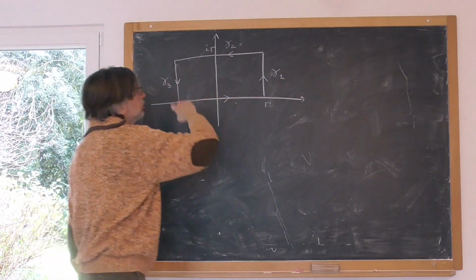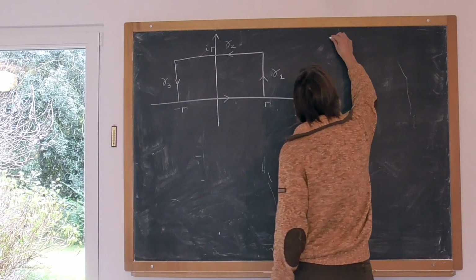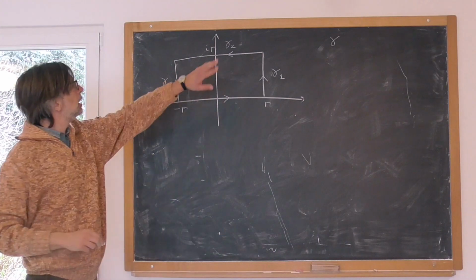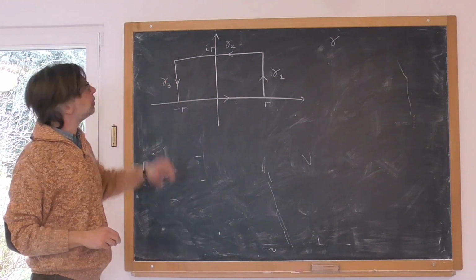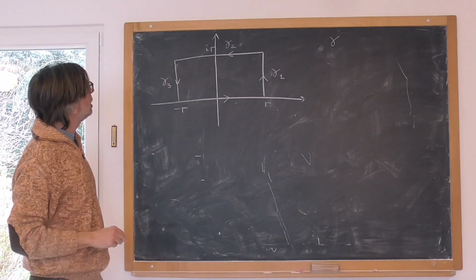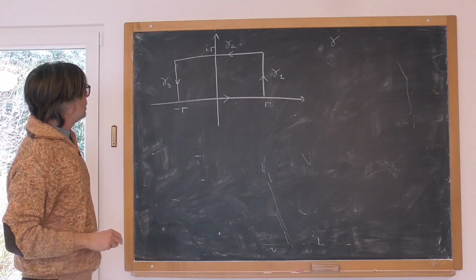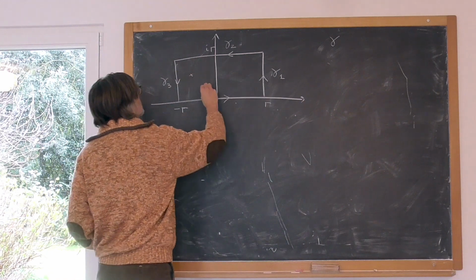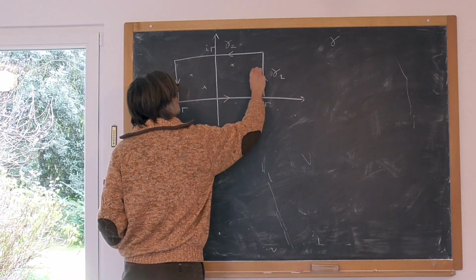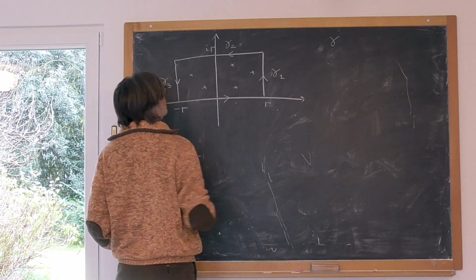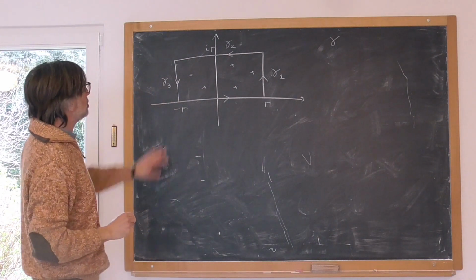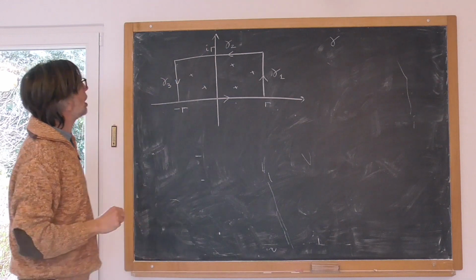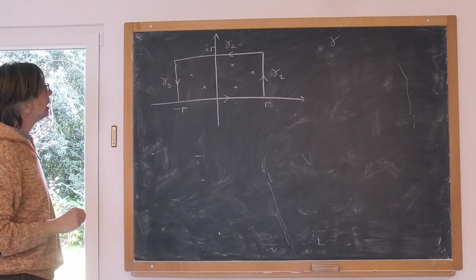The whole contour will be called gamma. This is a big contour. Now, everything depends on R, but I will not indicate R. We take this rectangle so big that it contains all the singularities, the poles of our rational function. These are the z_j in the upper half plane. R is so large that it contains these.